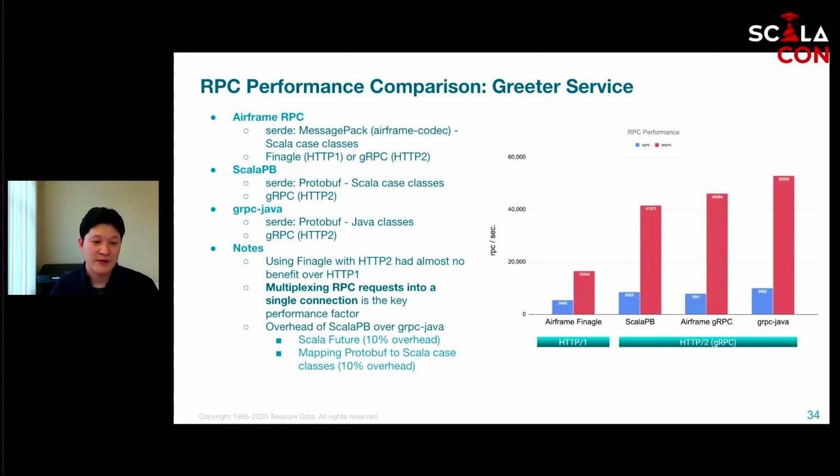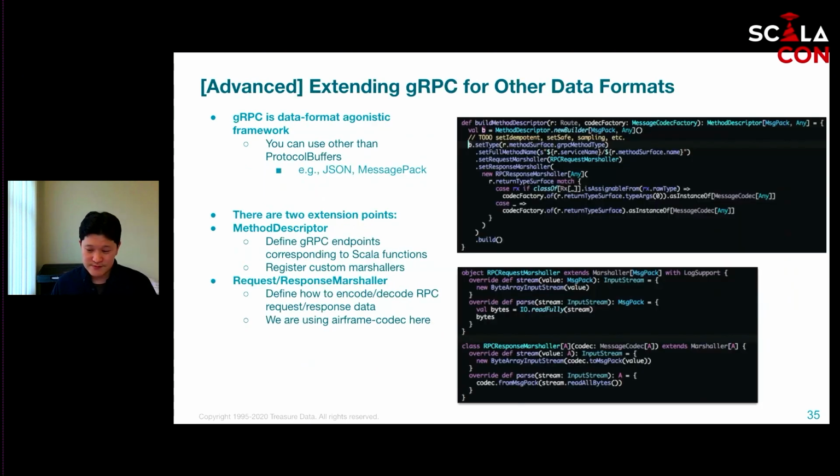That produced this huge performance difference. If you want to see the overhead, you can find that Scala Future or mapping ProtocolBuffer to Scala case classes has some overhead in ScalaPB. But this overhead is almost negligible in real application services.